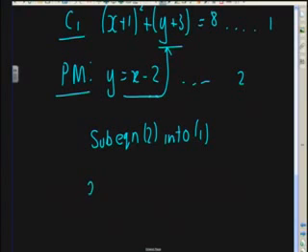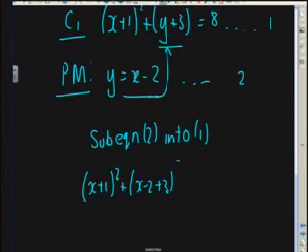So that means in this expression for the circle, I can replace y with x − 2. So now my circle equation is going to become (x + 1)² + (x − 2 + 3)². Do you see what I've done there? I've replaced the y with x − 2.